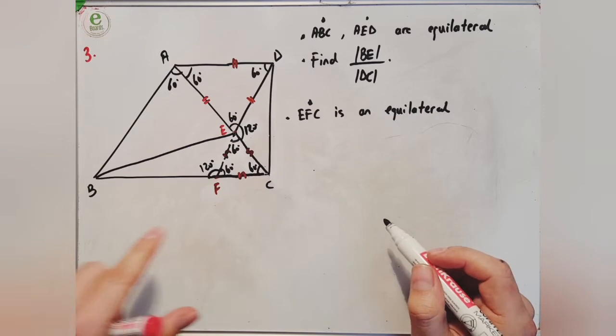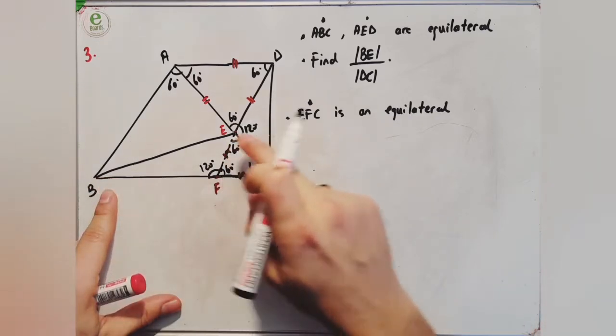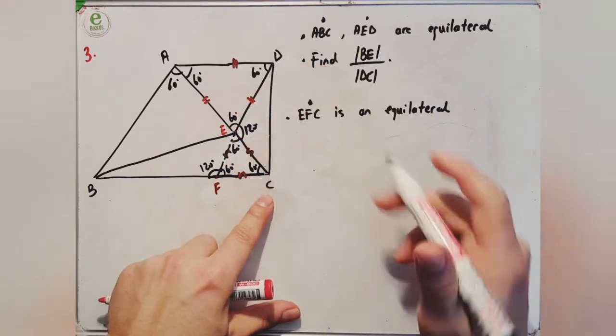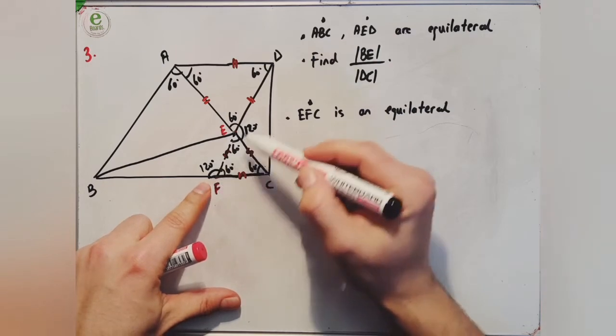Okay, so there is a relationship between triangle BFE and triangle CED. What is it? The interior measure here is 120 and 120.